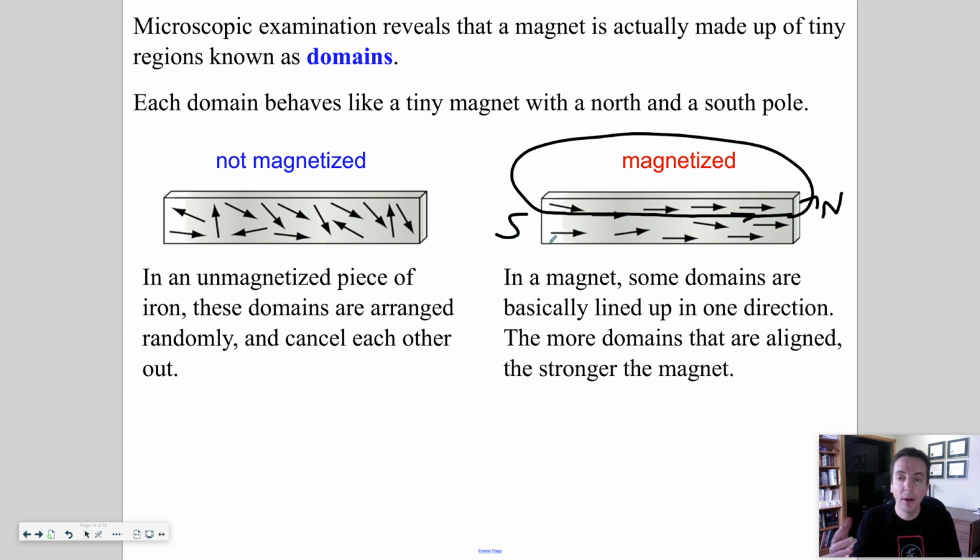So in a permanent magnet, like ones that you can stick to the whiteboard or whatever, some of the domains are basically lined up in one direction. The more domains that are aligned, the stronger the magnet. So gadolinium, for example, like we talked about, you have to cool it down. We know that thermal energy in a solid especially has to do with atomic motion.